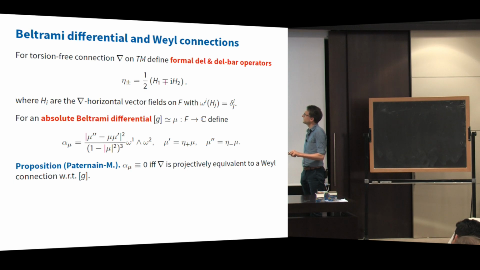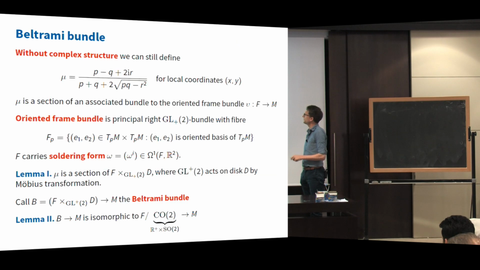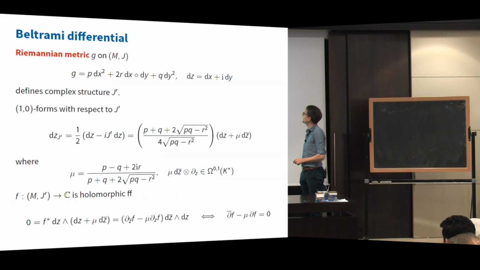If you look at this 2 form a little bit more carefully, here we have mu prime prime, which is del bar minus mu del mu on a formal level, which is precisely Beltrami's equation in the case where f is mu.